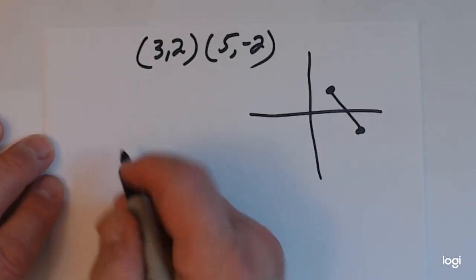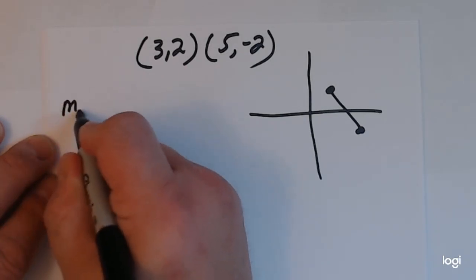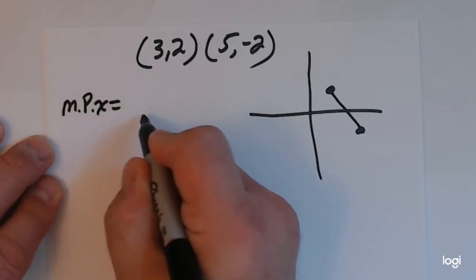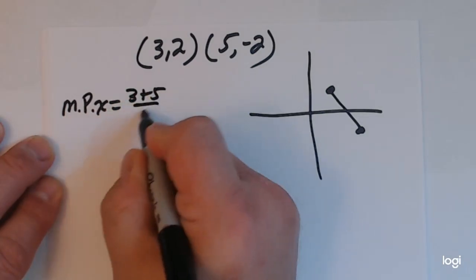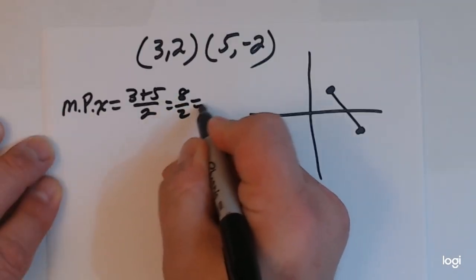All right, let's calculate the midpoint. The midpoint of x is 3 plus 5 over 2, which is 8 over 2, which is 4.